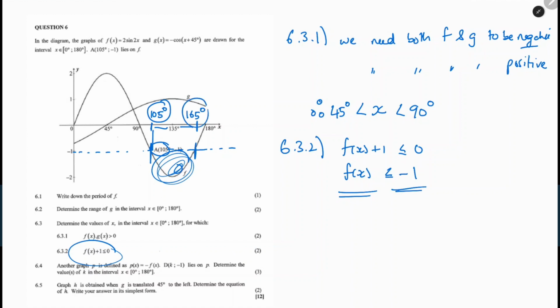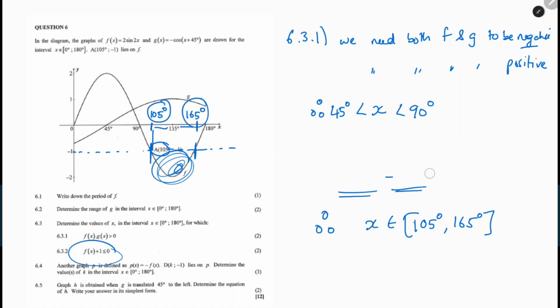So the required interval we're looking for is as follows. x is an element of, we've got square brackets because it's less than or equal to, 105 degrees and 165 degrees. And that is it for question 6.3.